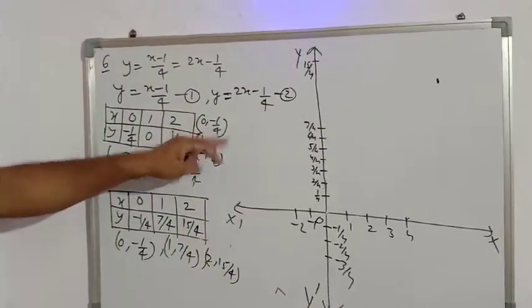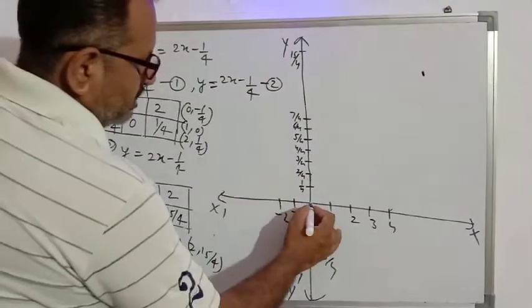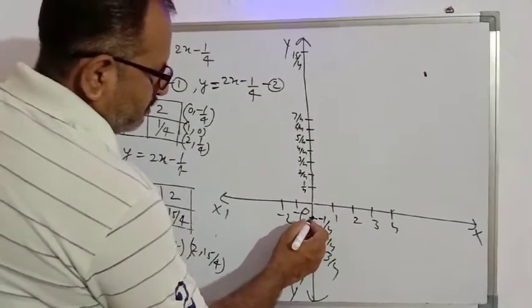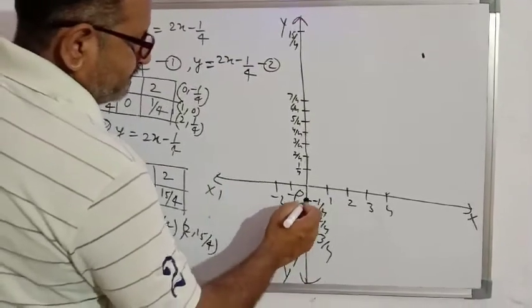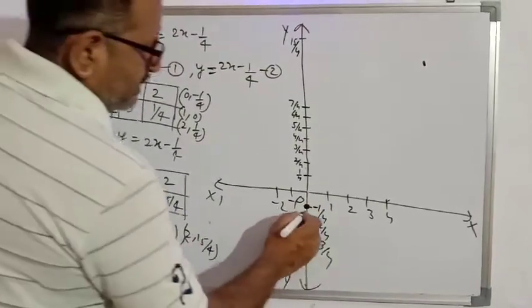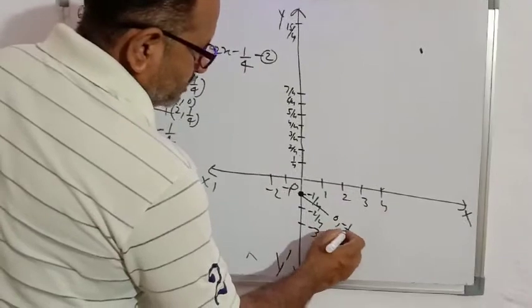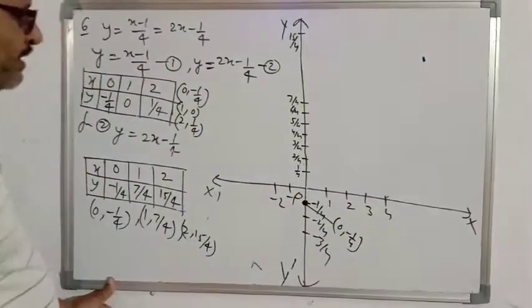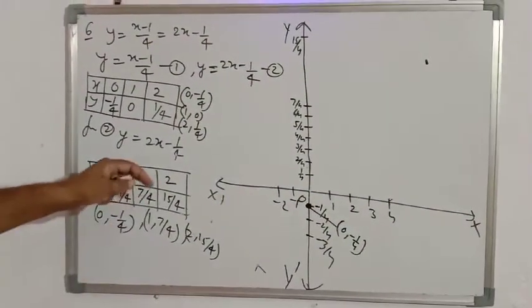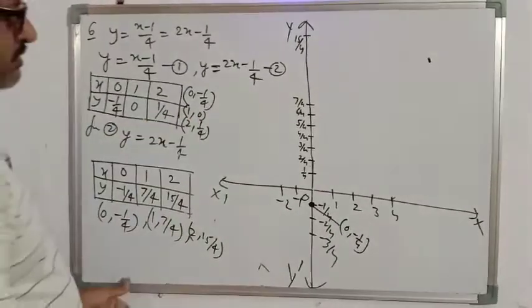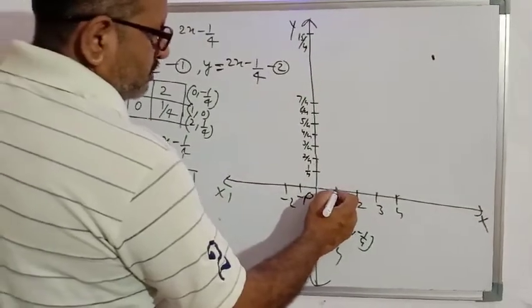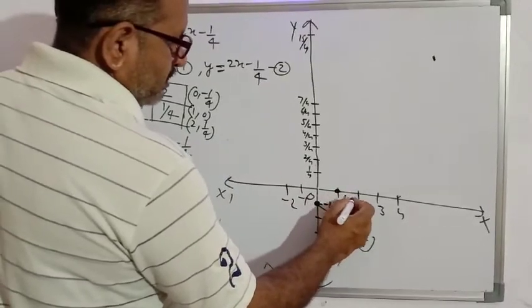So first point is 0, minus 1 by 4. X is 0, y is minus 1 by 4, so it will be the point on the y-axis. So this point is 0, minus 1 by 4. Next 1 comma 0. X is 1, y is 0. So this point is 1, 0.